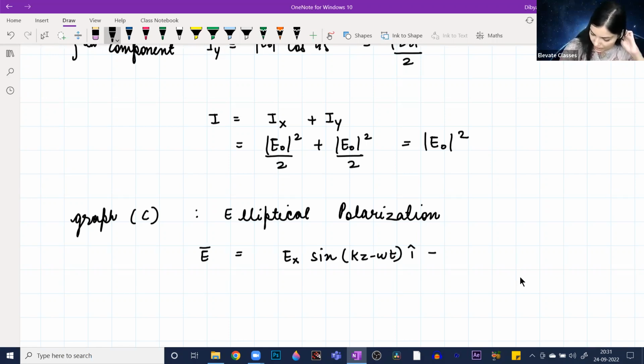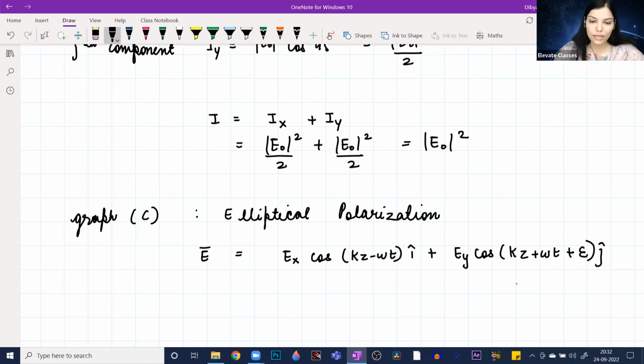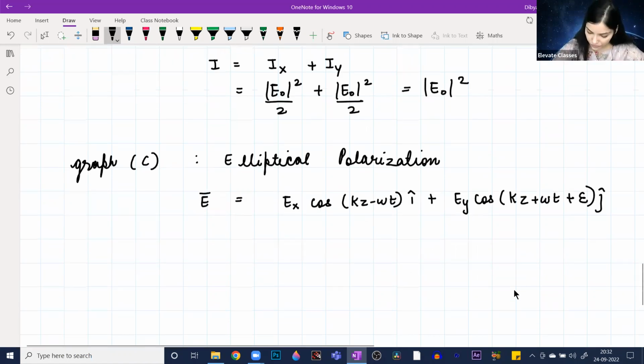Actually we haven't written it like that; we write Ey as cosine, or both as cosine, and add a phase, cosine of kz plus omega t plus epsilon. Okay, so this epsilon is the phase difference which can take any value. So we have not specified. And here the Ex amplitude is not equal to the Ey amplitude.